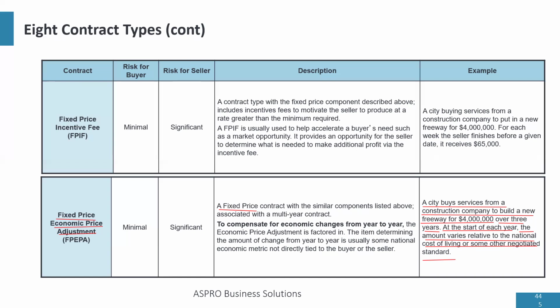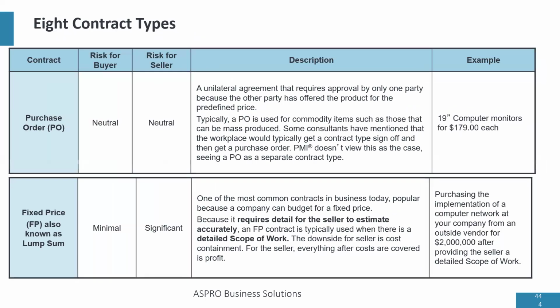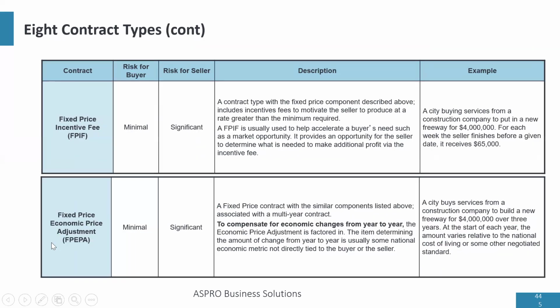The risk for the seller is significant because sometimes these things cannot be predictable, and that is fixed price economic price adjustment. In other words, fixed price has three variations: the fixed price or lump sum, the fixed price incentive fee, the fixed price economic price adjustment.